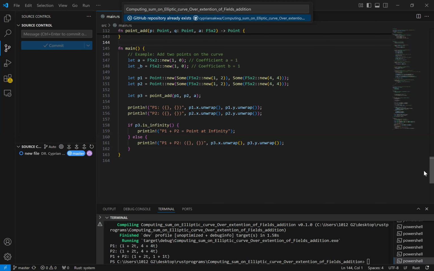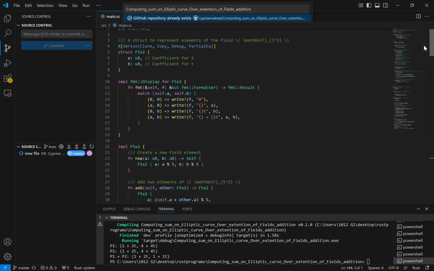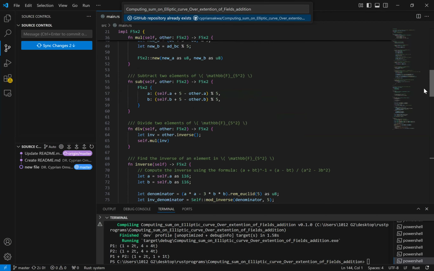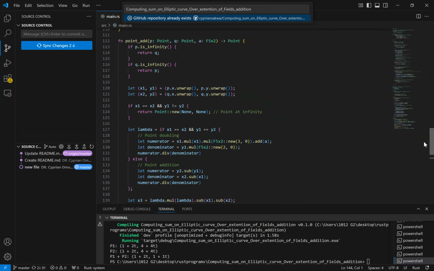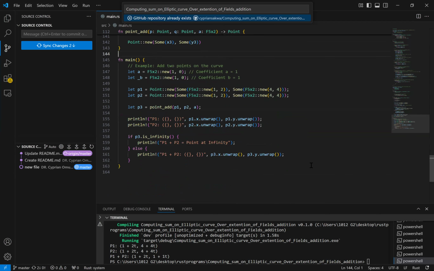This is the code for summing up. It's just the same code like the previous one, just changed a few things so that it can do computation, it can sum up. It's just a few changes.